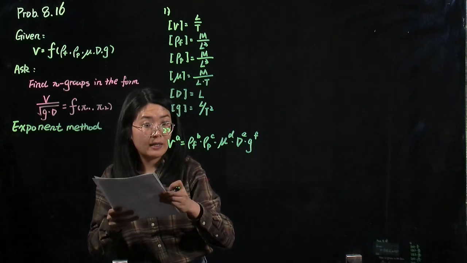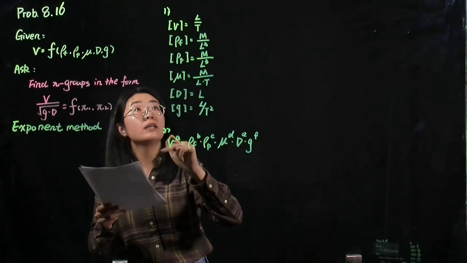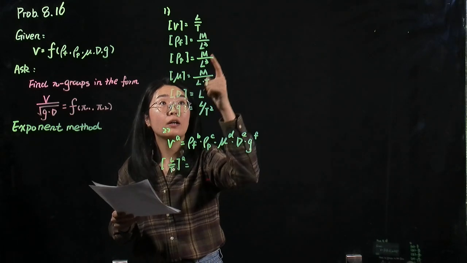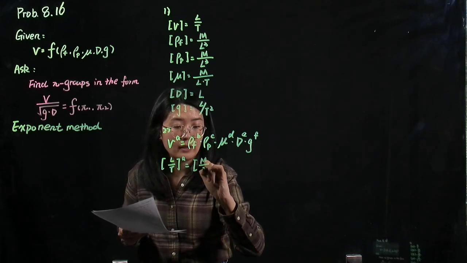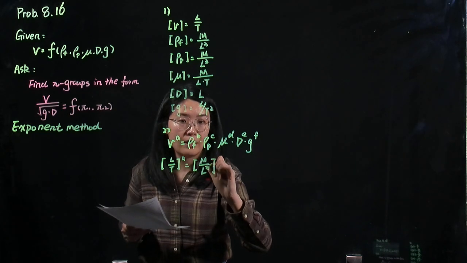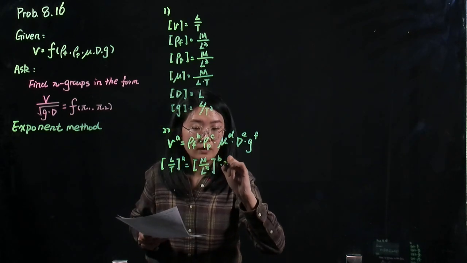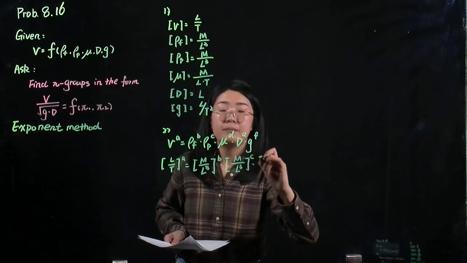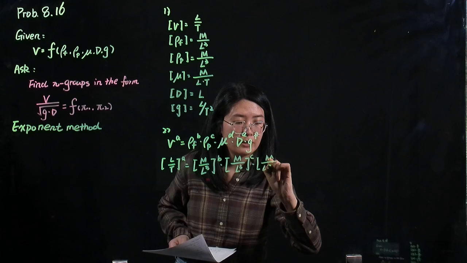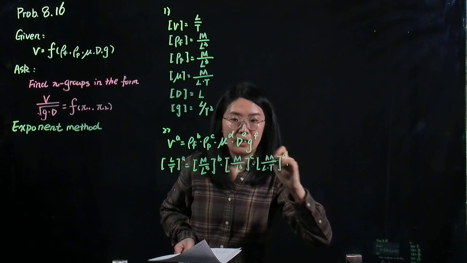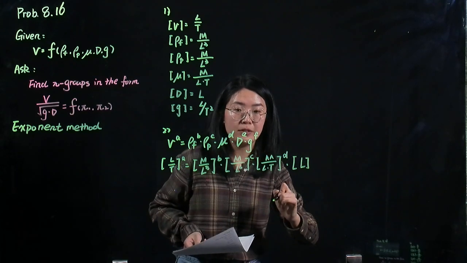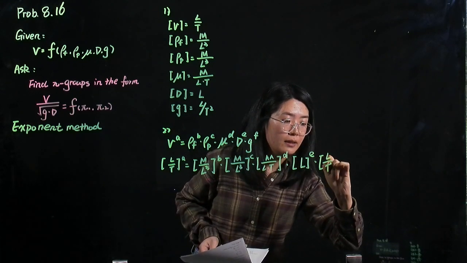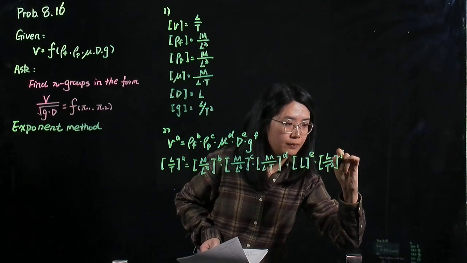On the left-hand side, the dimension of V is L/T to the power of A. It equals M/L to the power of 3, to the power of B, times M/L to the power of 3 to the power of C, times M/(L times T) to the power of D. And for diameter, its dimension is L to the power of E, then times L/T squared to the power of F here.